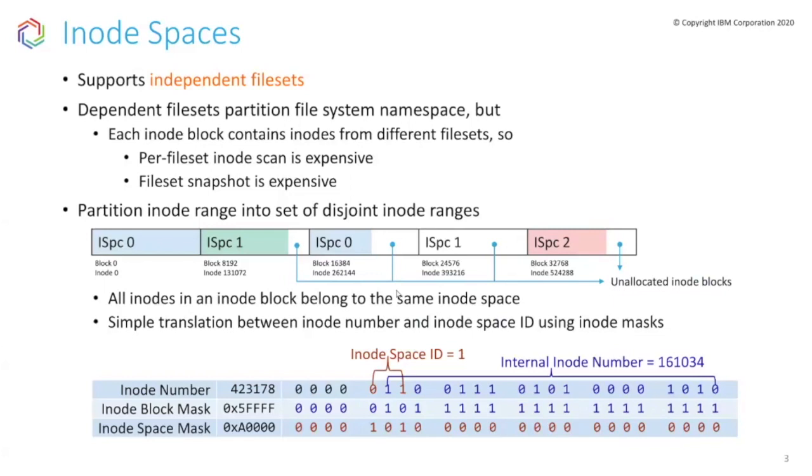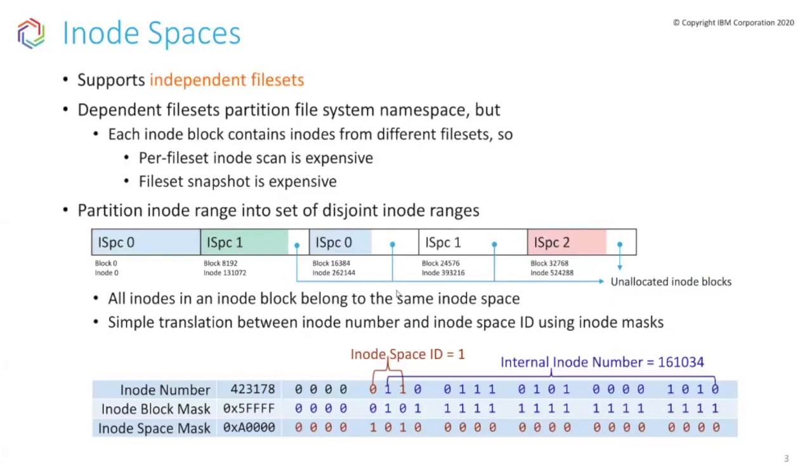For these reasons, it was decided that the best way to get these benefits is to actually do this partitioning at the physical level as well. So the implementation is that we have a range of inodes, and we partition that range into smaller sets of inodes, smaller contiguous ranges. And then we mark each of these smaller ranges as belonging to one or other inode space.